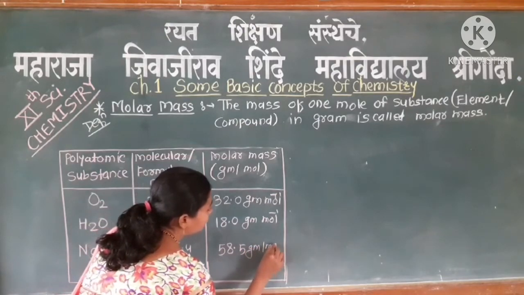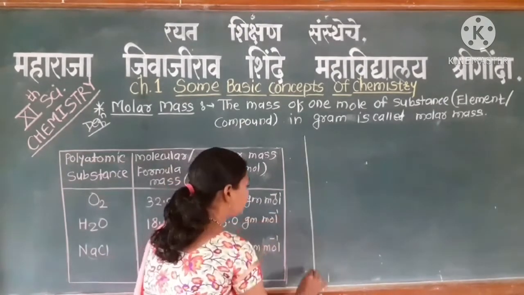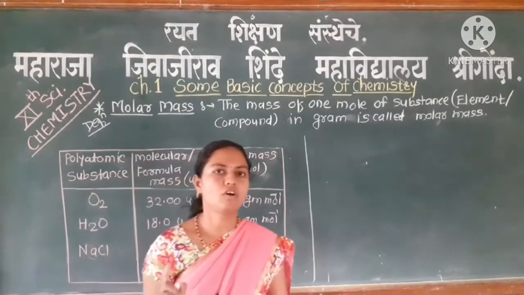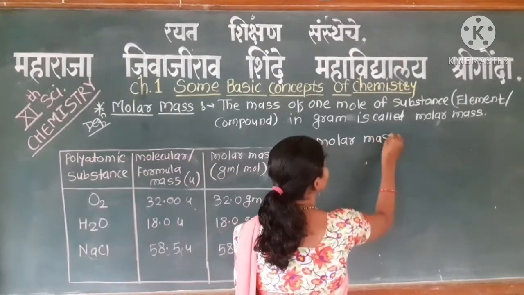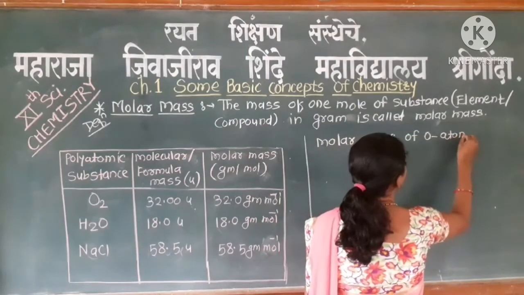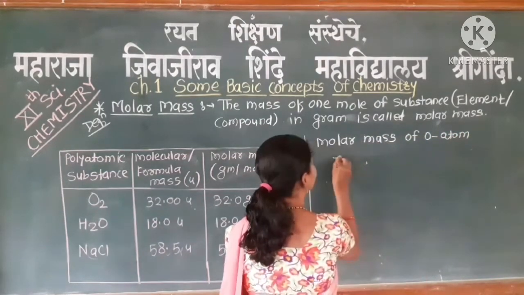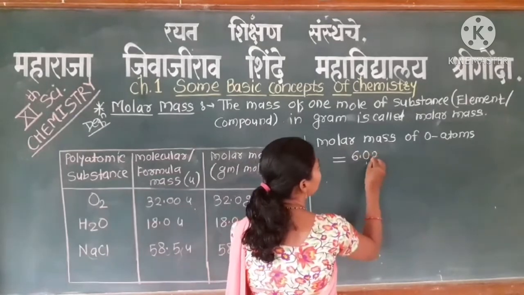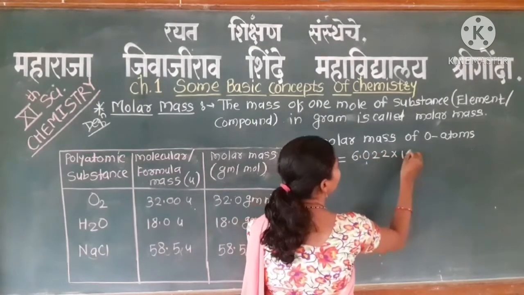We want to calculate the molar mass of the oxygen atom. It is equal to 6.022 into 10 raised to 23.